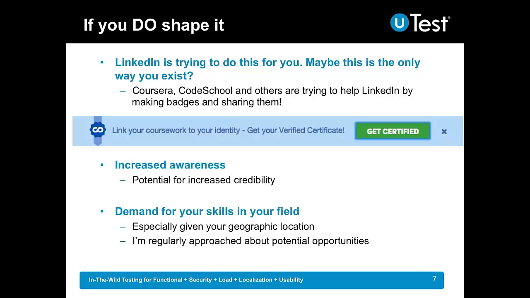It's interesting to note, LinkedIn is already trying to do this. So if you have a LinkedIn profile, you do have an online identity to some degree. This may be the only thing that you have, and it's definitely not the best thing, but LinkedIn, this is actually, if you can see this image here, link your coursework to your identity.